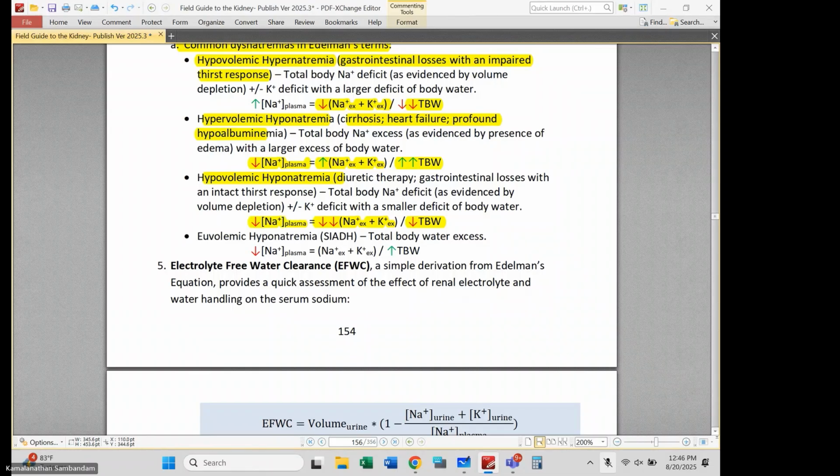What are the clinical scenarios in which that can happen? Diuretic therapy, especially thiazide diuretic therapy, tends to cause a salt deficit that exceeds your water deficit. Loop diuretics, in general, cause you to lose more water than salt, and that's why loop diuretics are sometimes used for treating SIADH, because again, they generally enhance water loss faster than salt.